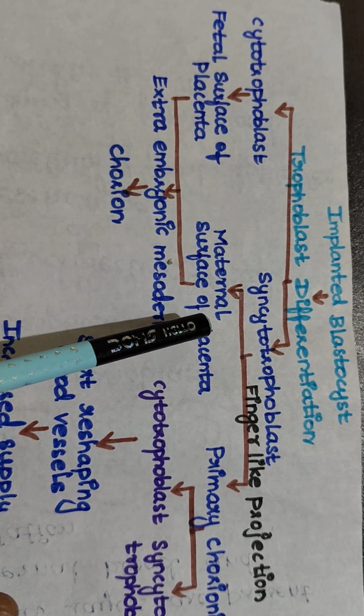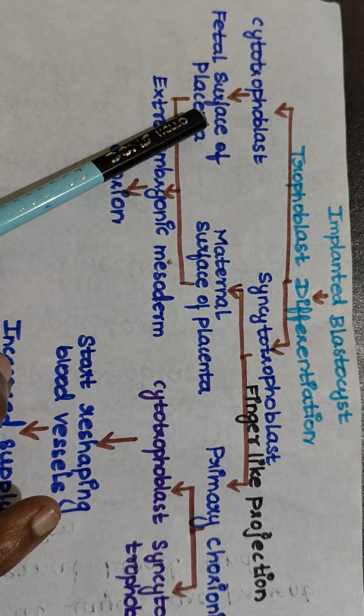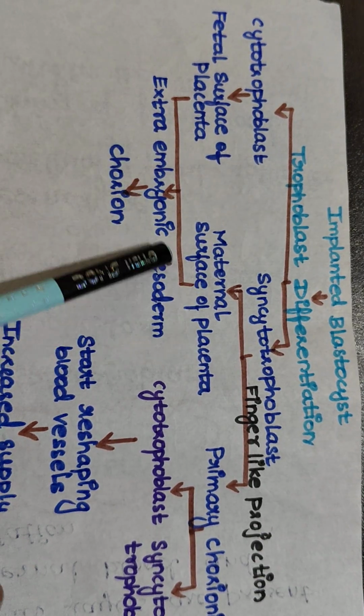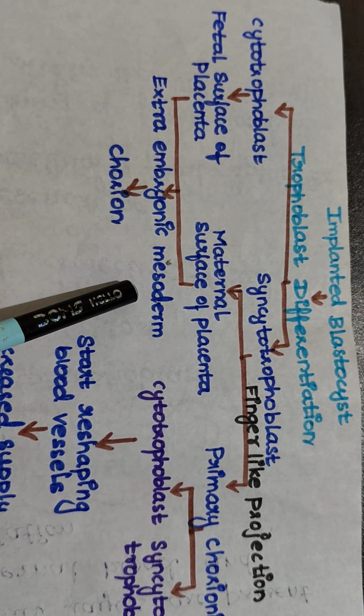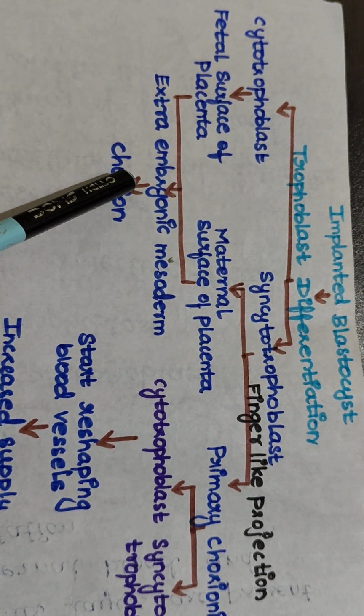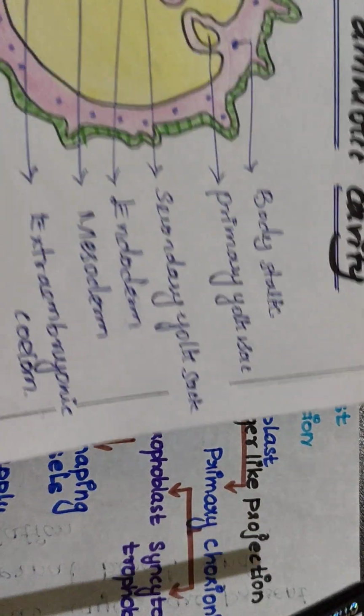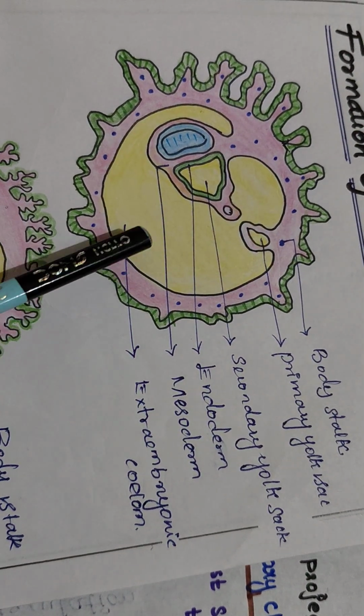Between them is the extraembryonic mesoderm, which we already saw in the image.